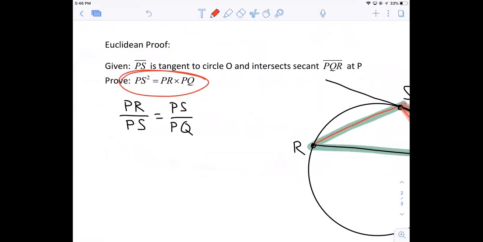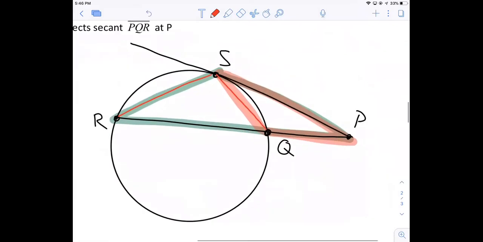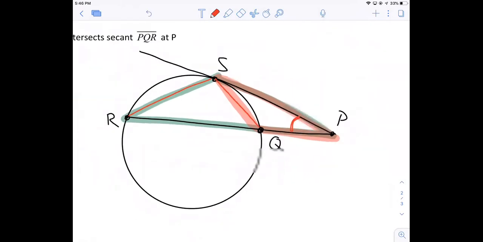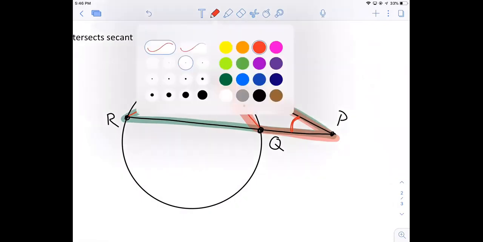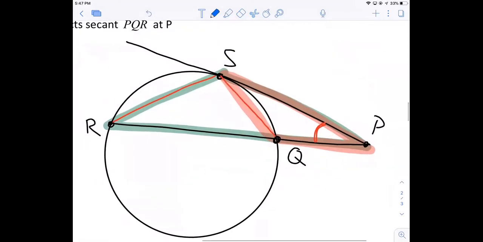So let's just analyze this proof a little bit first. I think the obvious one is that they have this angle P in common, right? And then we just need to find one more angle in common. So this should not be too bad, right? We've talked a lot about intercepted arcs. Think about which arc we're going to be using. Aha.